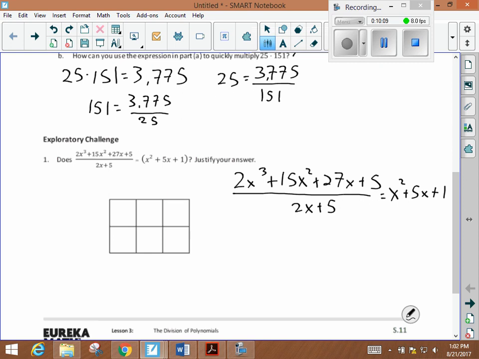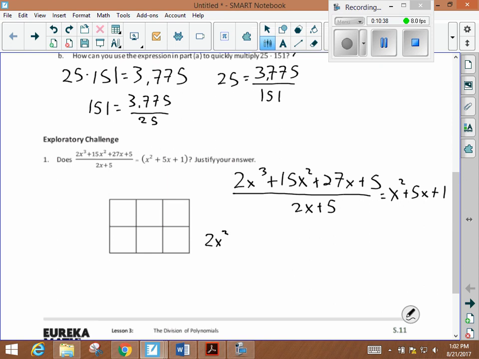Right? So then I wind up with 2x cubed plus 15x squared plus 27x plus 5 is going to be equal to, hopefully I don't run out of room, 2x plus 5 times x squared plus 5x plus 1. Ooh, I barely squeezed it in there. I'm going to go ahead and rewrite that for neatness.